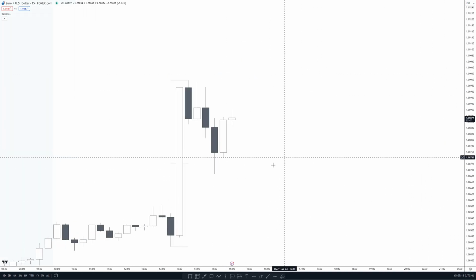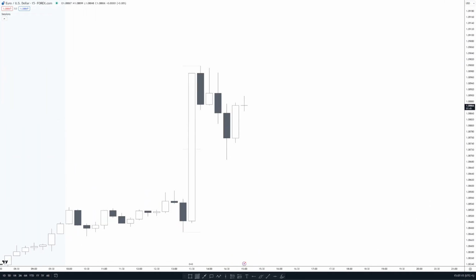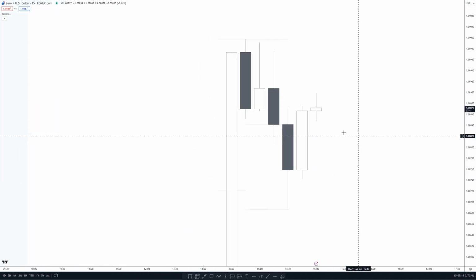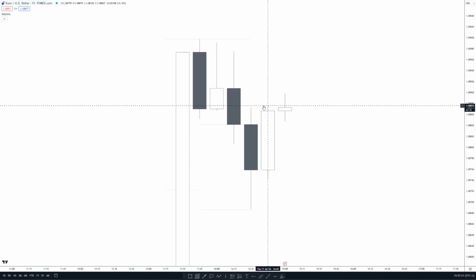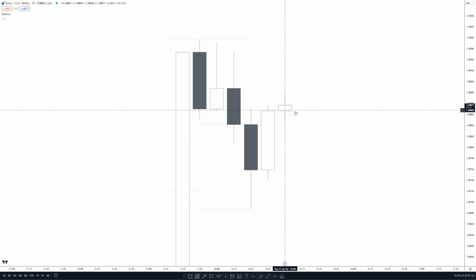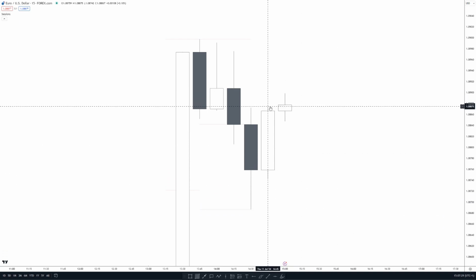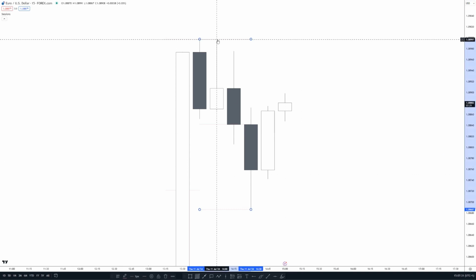That's the bullish range, and then there's a potential bearish range here. I say it's a potential range because we haven't yet closed a 15-minute candle above, we haven't cemented this low. So if this candle here closes above this candle here, that would confirm this bearish range.